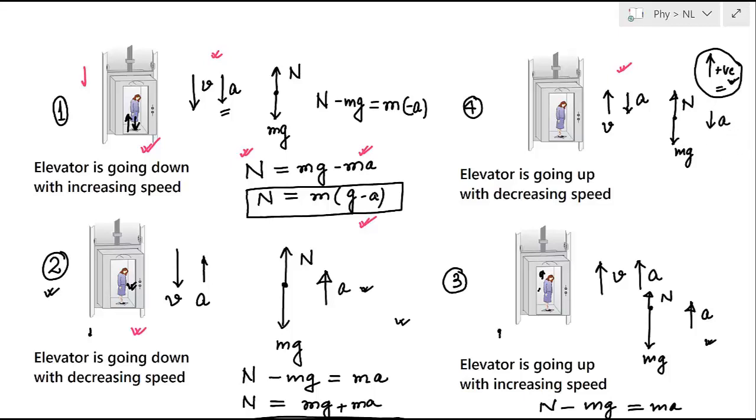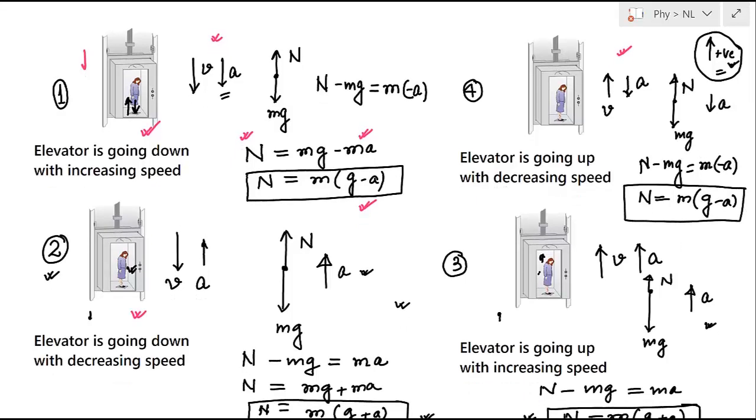So we can write N minus mg equals mass times acceleration, and acceleration is in the downward direction. That's why you have to put a minus a, because I assume that the positive direction is the upward direction. So N equals mg minus ma. This is the apparent weight that the moment will experience when just reaching the top floor.